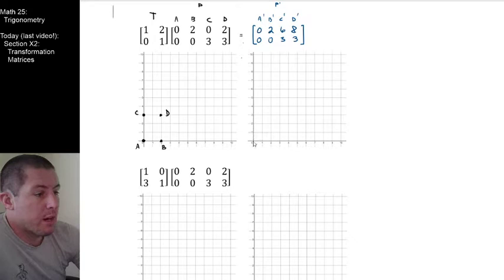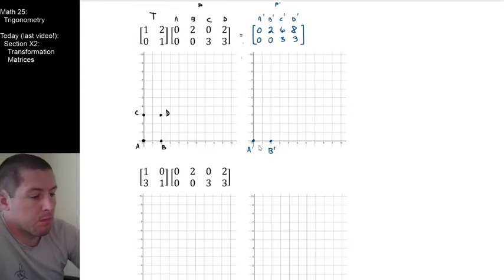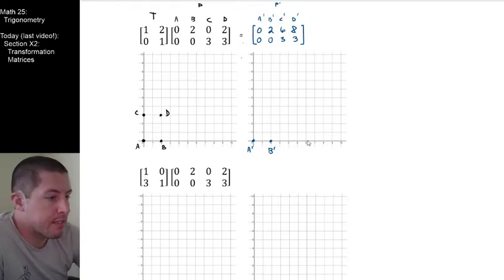So it seems like we're still going to be at 0, 0 for A prime. It seems like we're still going to be at 2, 0 for B prime. Oops, that's B prime. But it looks like C prime is now located at 6, 3.